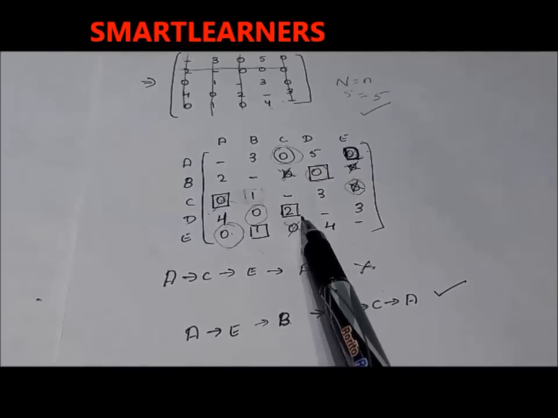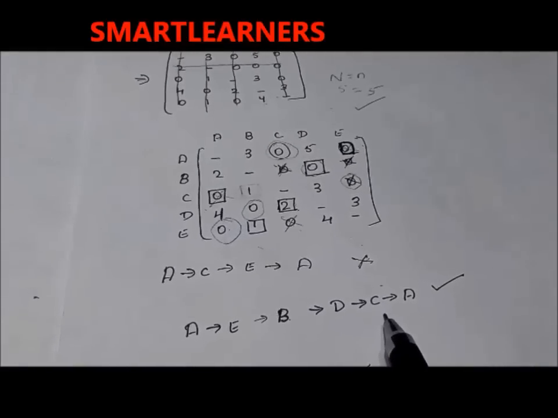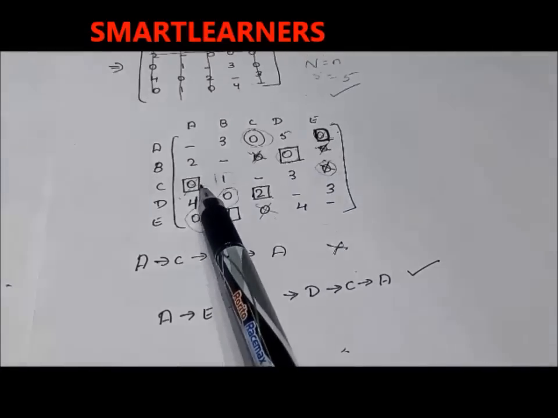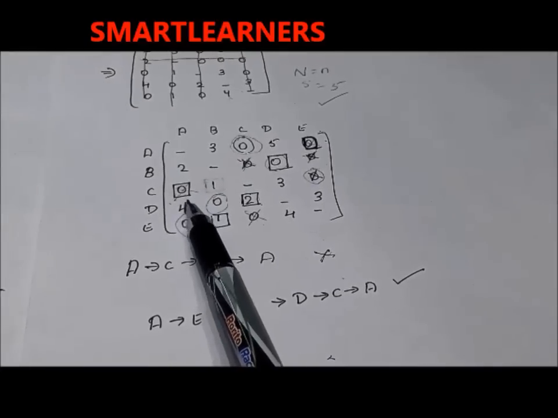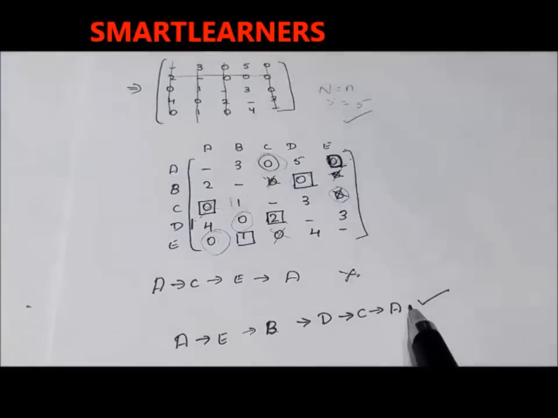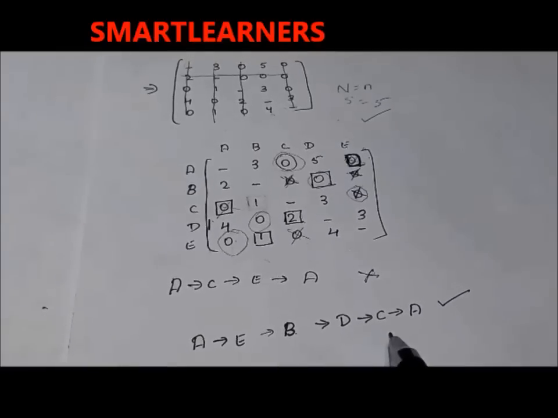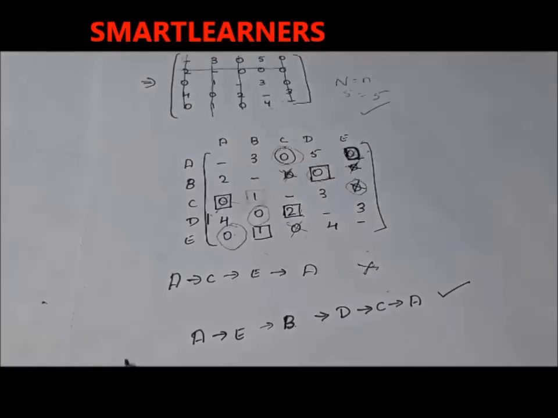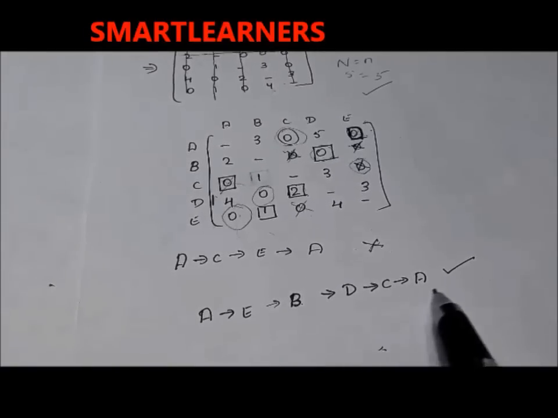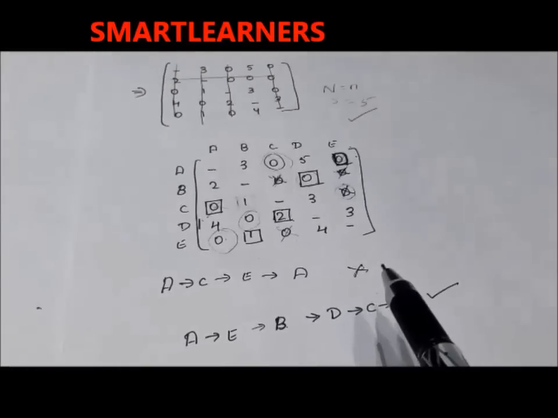That 2 is present in column C. So we have D tending to C. Now go to C. C already is chosen, so the next possible 0 is in column A. So directly choose A. So we have got A tending to E, E tending to B, B tending to D, D tending to C and C tending to A, which satisfies the condition that the travelling salesman travels from A to every other city and gets back to the starting point, that is A. So this is how the allocation has to be made.